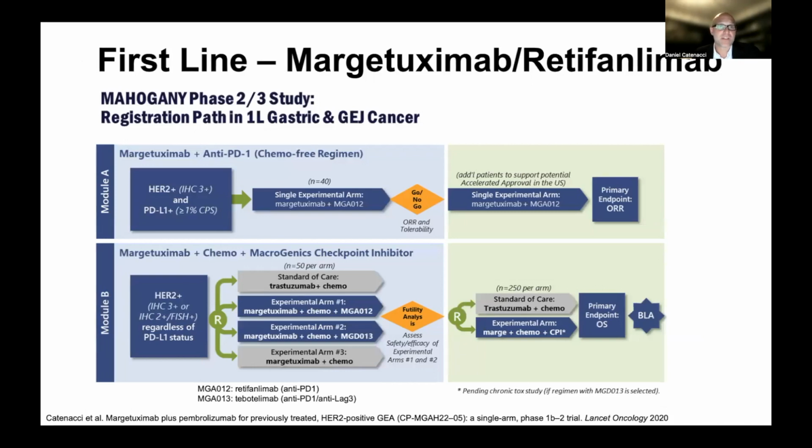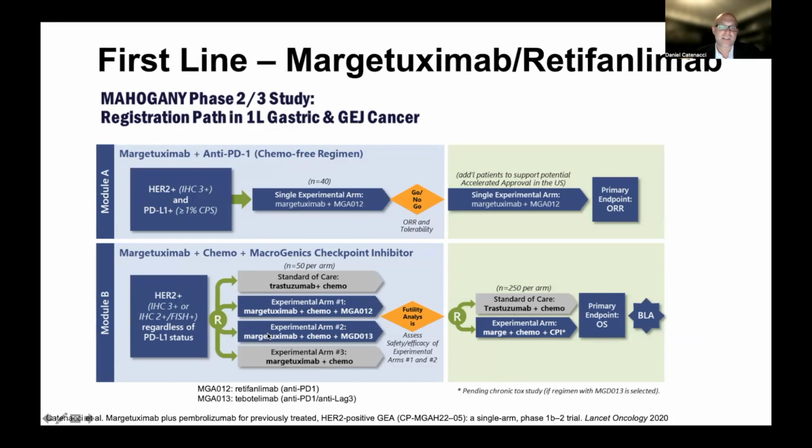We talked about the MAHOGANY study when we were looking at margetuximab with the anti-PD-1 therapy retifanlimab, and I mentioned that there is a standard randomized study, first looking in the randomized phase 2 setting, just to see if it is worth proceeding to a larger phase 3 study. First question is margetuximab better than trastuzumab?